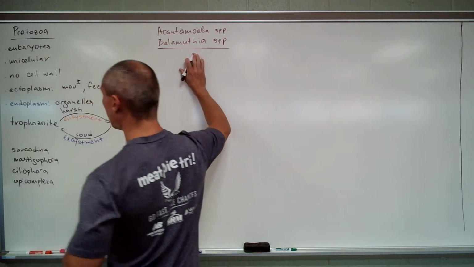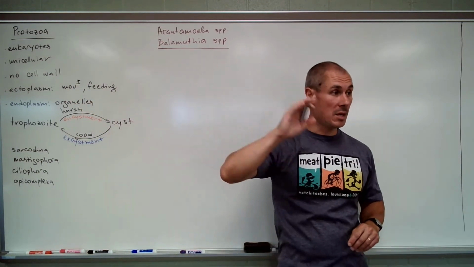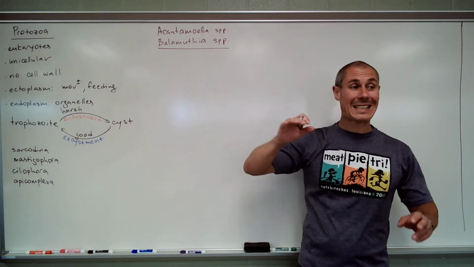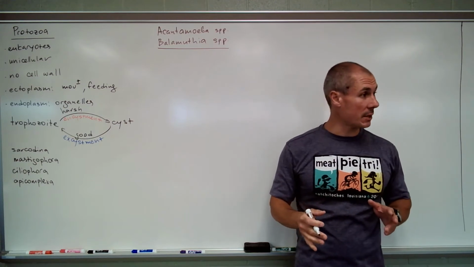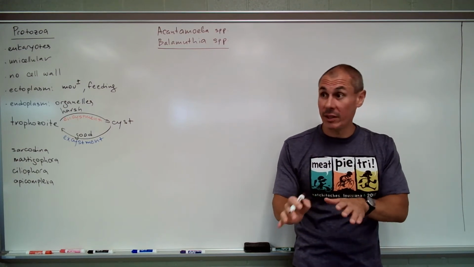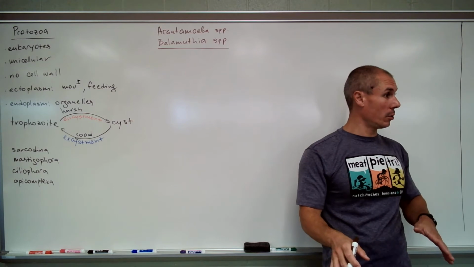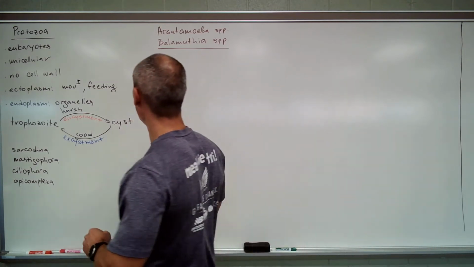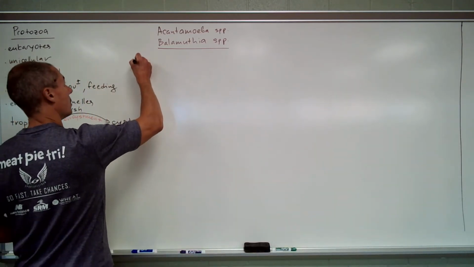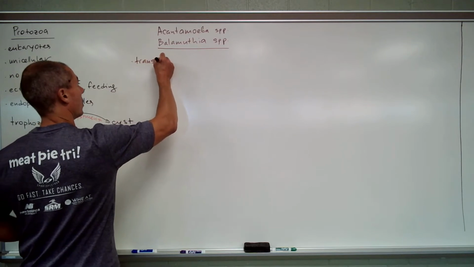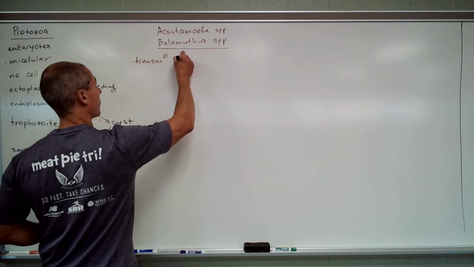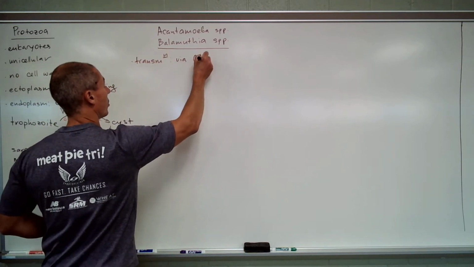So this is a great example of amoebic parasites. These guys can live independently. Does that make sense? They normally live independently. They live in the soil. Those are soil amoeba. But they get transmitted through broken skin.